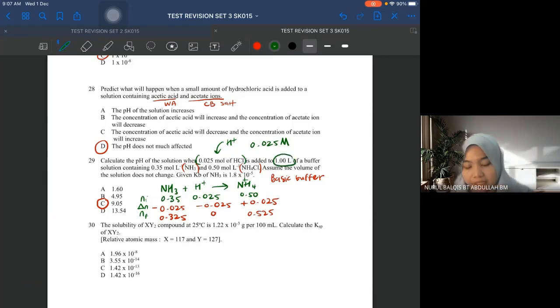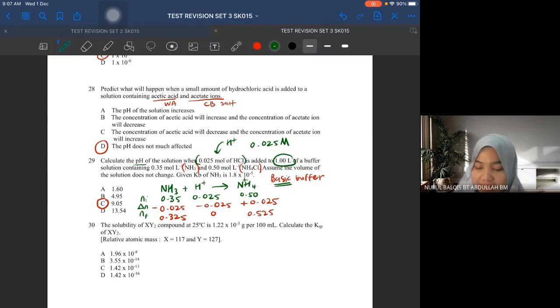Later 0.325 molar. So now to find, you need to find the pH, calculate the pH. Your pH now will rely on the Henderson-Hasselbalch equation. Since this is a basic buffer, you can't simply calculate the pH.